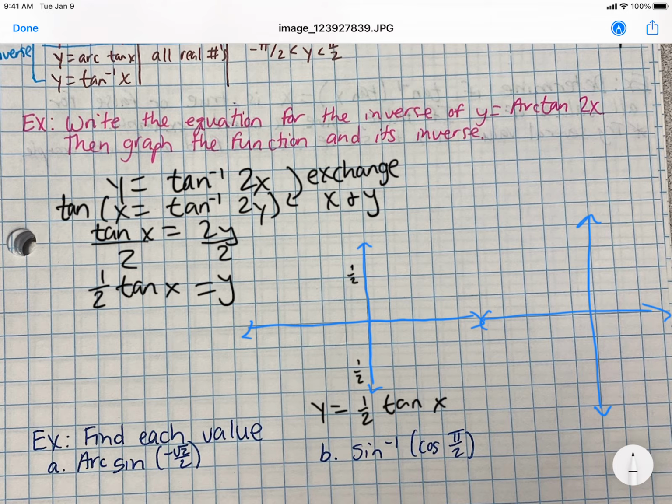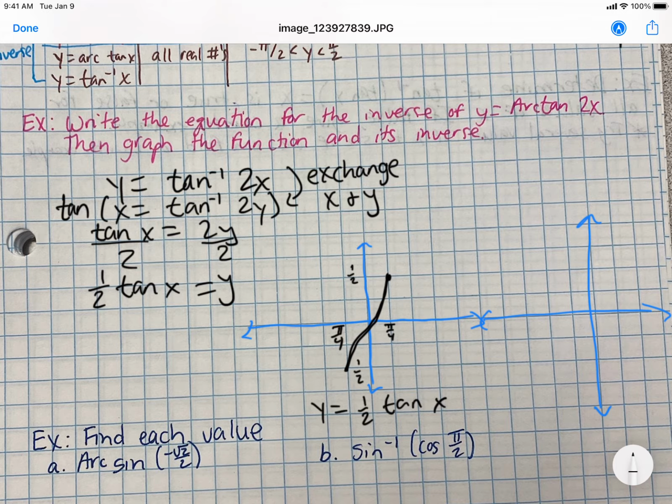So these are going to be pi over 4s. We are going up to 1/2, and our S will look something like this. Okay, so that is 1/2 tan of x.